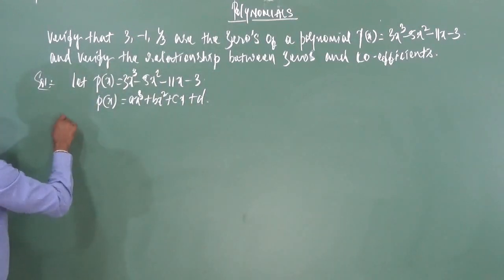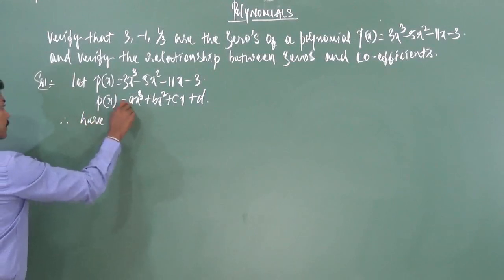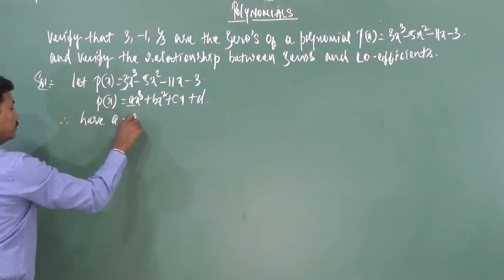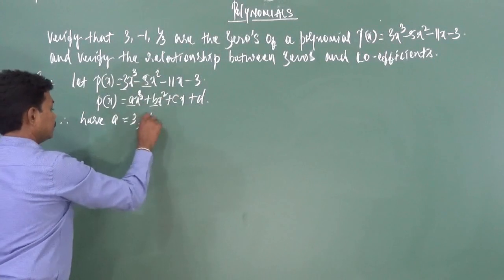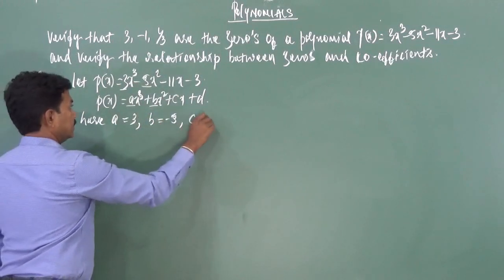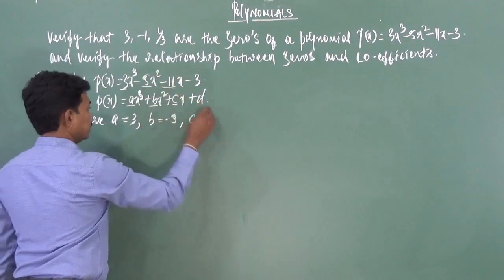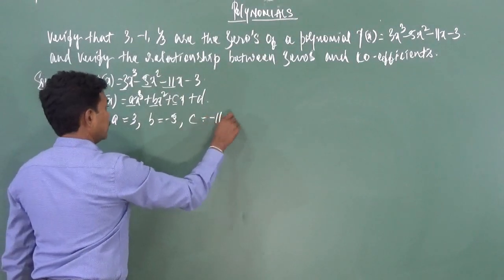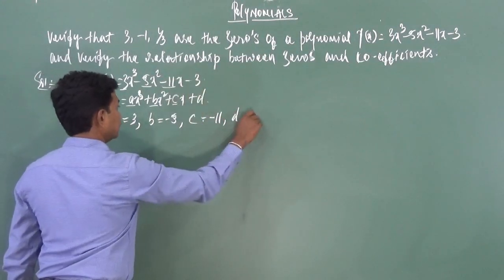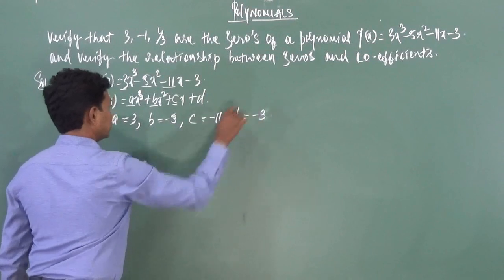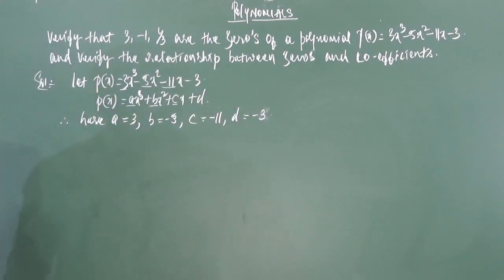That's all. Here a is equal to 3, b is equal to minus 5, c is equal to minus 11, the coefficient of x, and d is equal to minus 3, that is the constant. So d is minus 3.